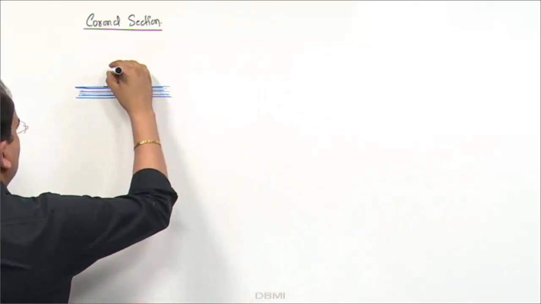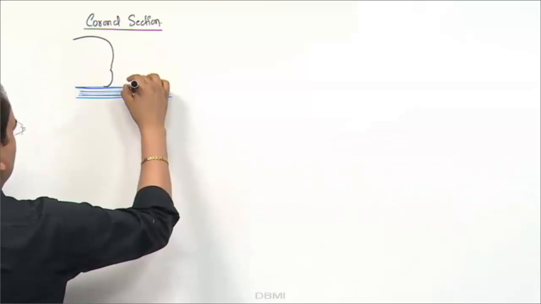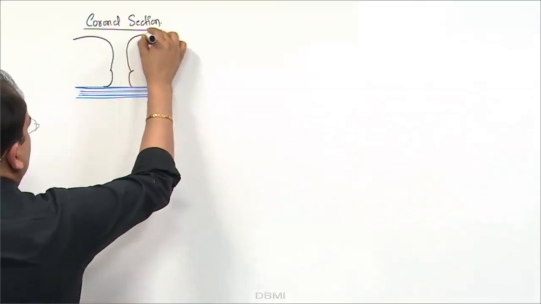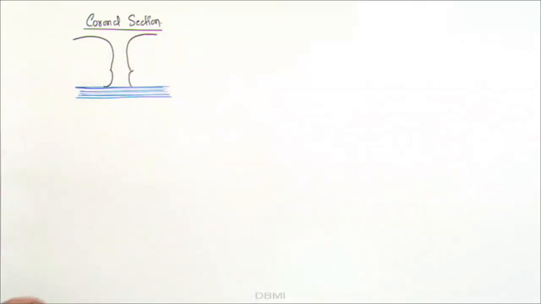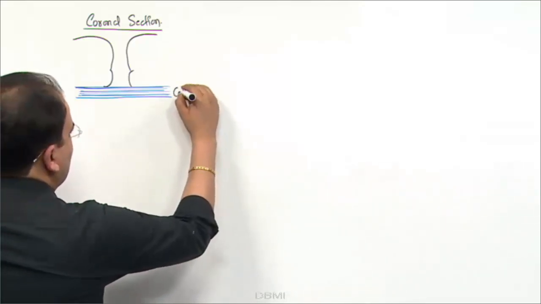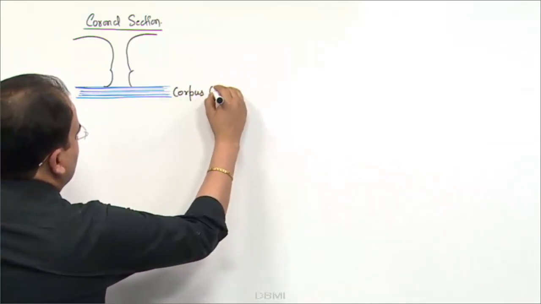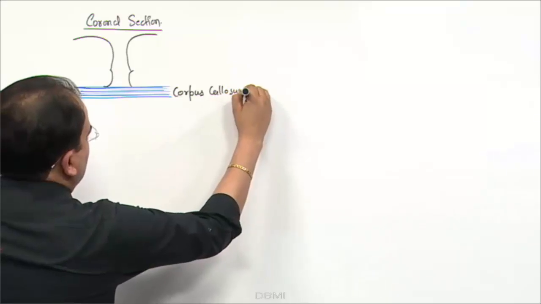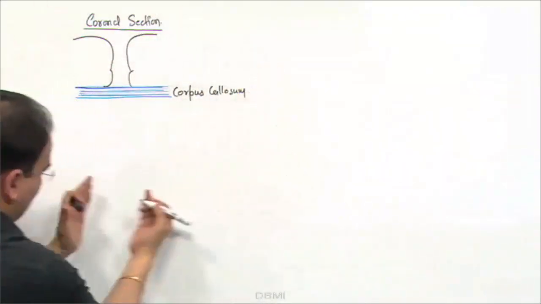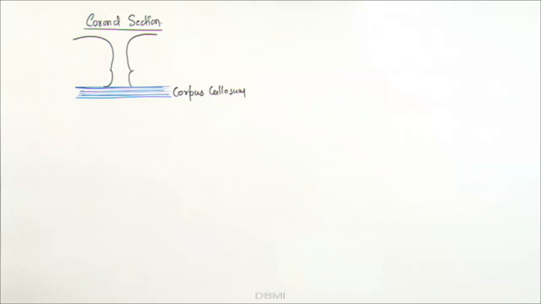Let's say this is a cerebral hemisphere here. As I said, it's a coronal section. These are the two cerebral hemispheres. If I draw it like this, that is corpus callosum.